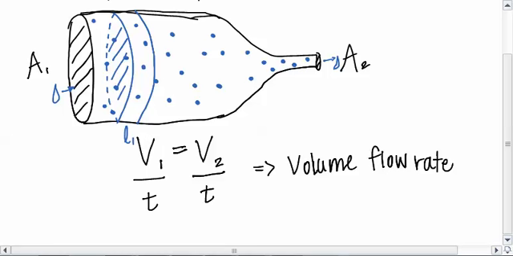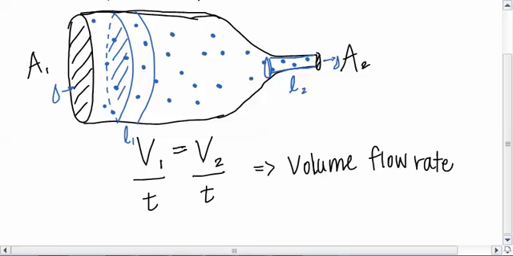And as the fluid flows through to this more narrow section of the pipe, what's going to happen to this volume? Is it going to stay the same? Volume flow rate's the same. What's going to happen to its shape? What do you think? So as it moves through the narrow pipe, it gets longer. So L2 would be longer than L1, so that these two volumes could be the same.